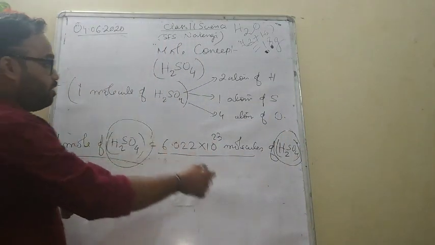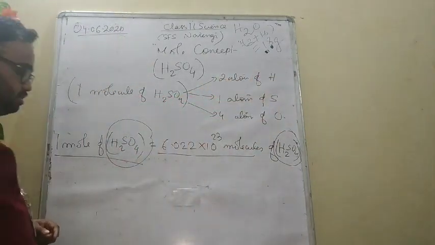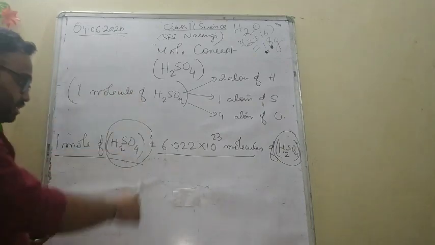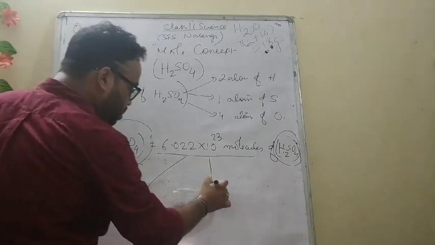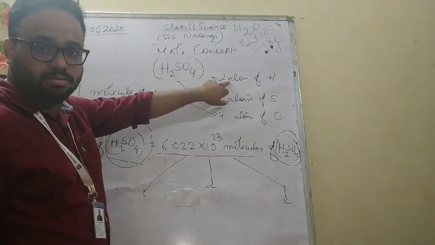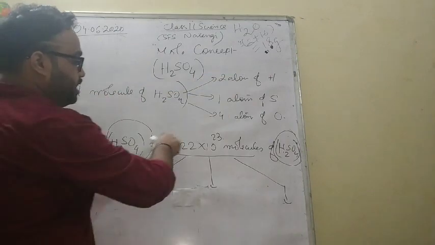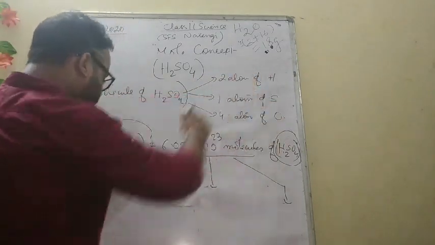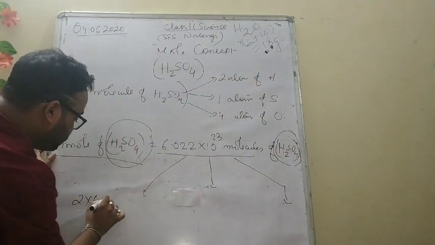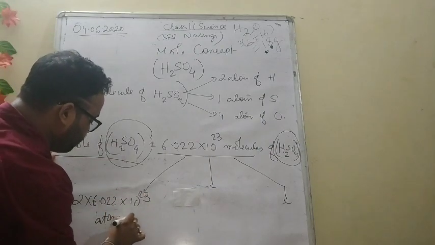Now, if I want to take out hydrogen, sulfur and oxygen from here, then 1 molecule has 2 atoms of hydrogen. 1 molecule of H2SO4 has 2 atoms of hydrogen. So this much molecules of H2SO4 will have 2 into 6.022 into 10 to the power 23 atoms of hydrogen.